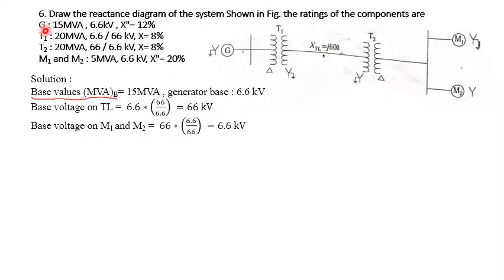What is the generator base? 15 MVA. This new MVA will remain the same for the entire network. If I am choosing the generator as the base, then what is the voltage across the generator? It is 6.6 kV.